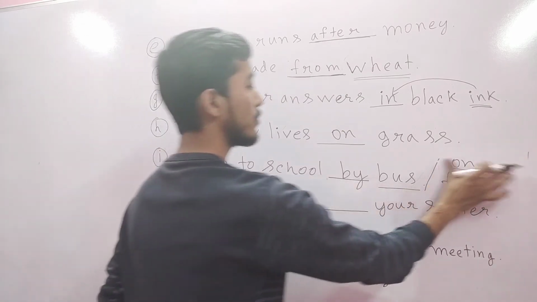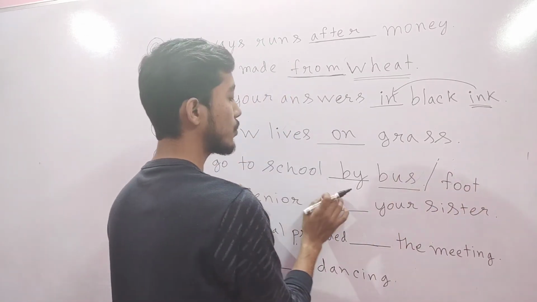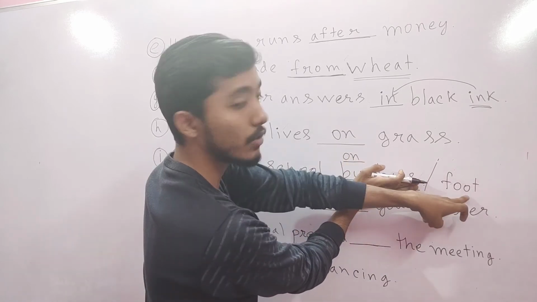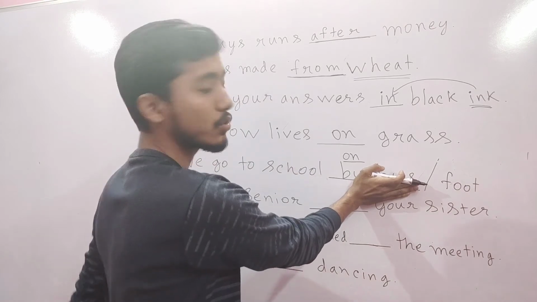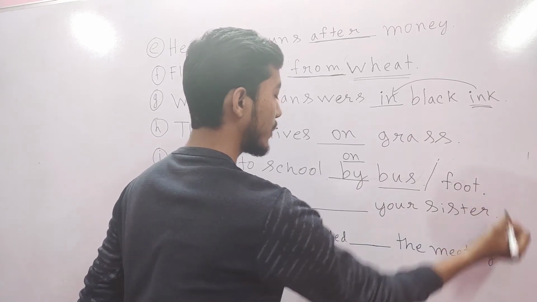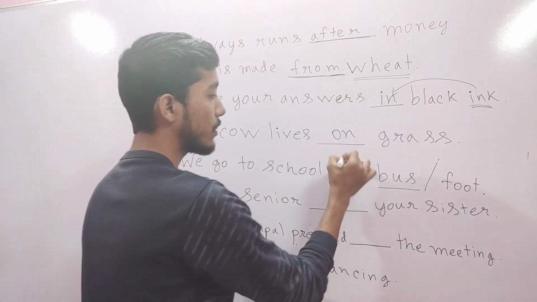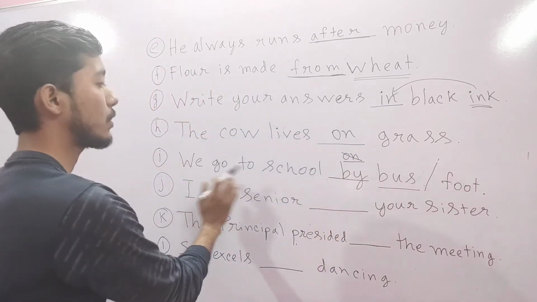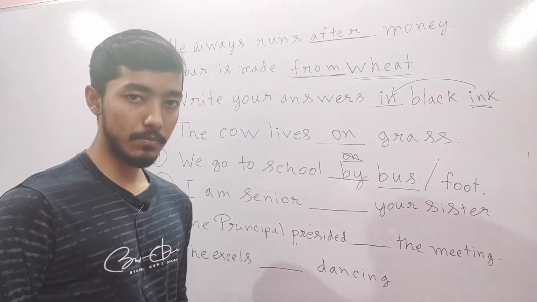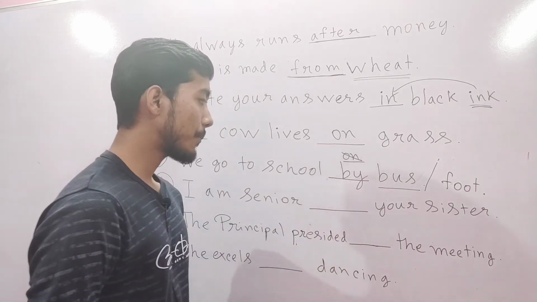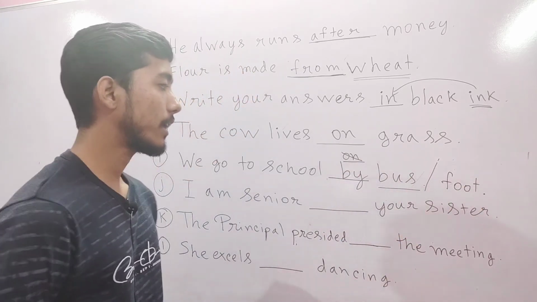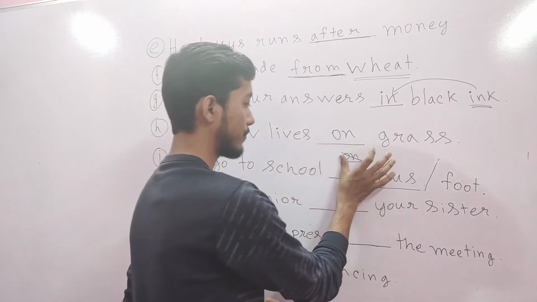We go to school on foot. We go to school on foot. Whenever we are going somewhere with a vehicle, we must use by. We go to school by bus, by car, by whatever. Now that is a medium, so we are writing by, and if there is foot, then we will write on.